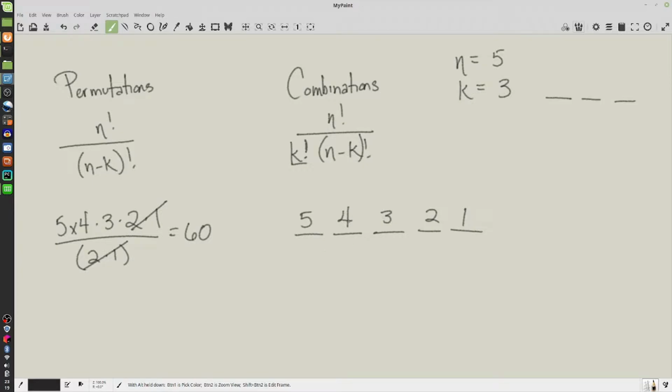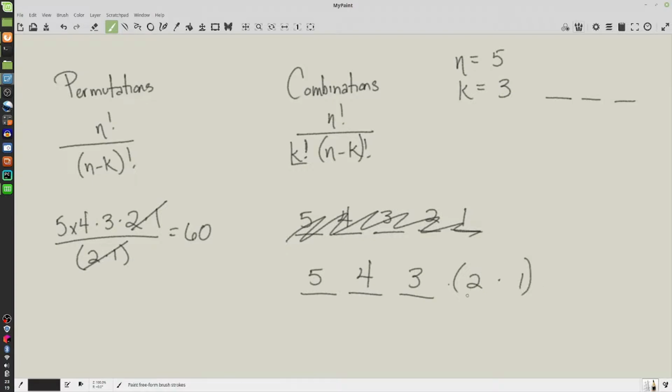That's how you're going to have that no matter what. But in our case, we don't have 5 spots to fill. We only have 3. So we're going to cross that out, and we have our first 3 spots. That's 5 potential individuals in the first spot, 4 in the second spot, 3 in the third spot, and then technically you still have that 2 and that 1 left over, but we don't have any spots for them.